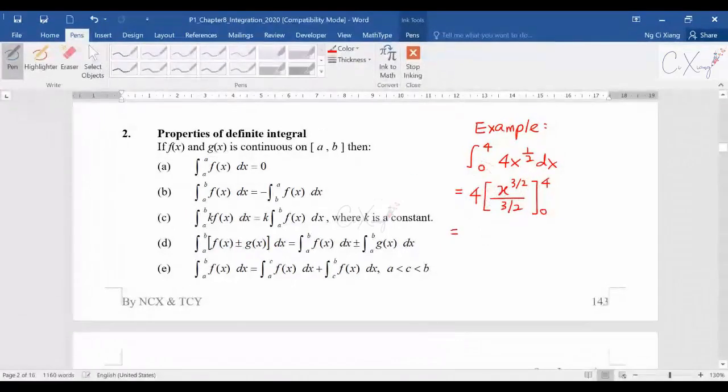You take 4 divided by 3/2, you should get 8/3. Then I will have x power 3/2 in the bracket. Usually in my practice, I will always take out all the constants first before I substitute the values in. You might think that you can simplify it at the end, right?